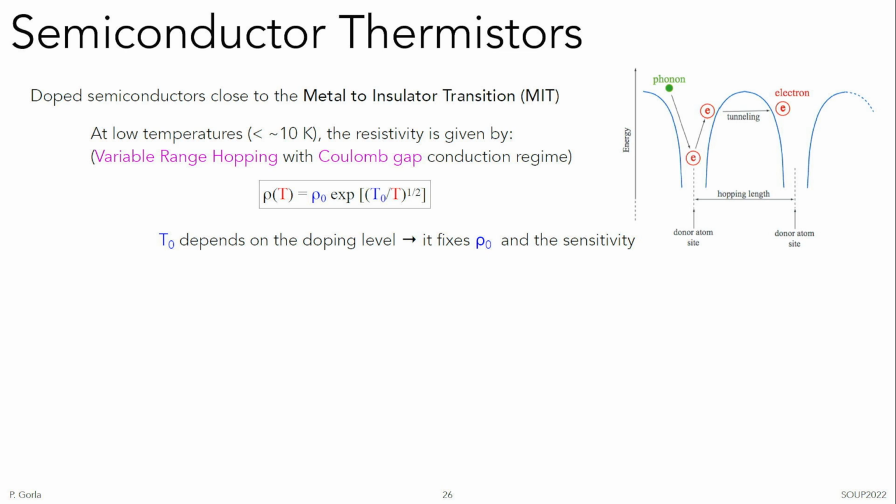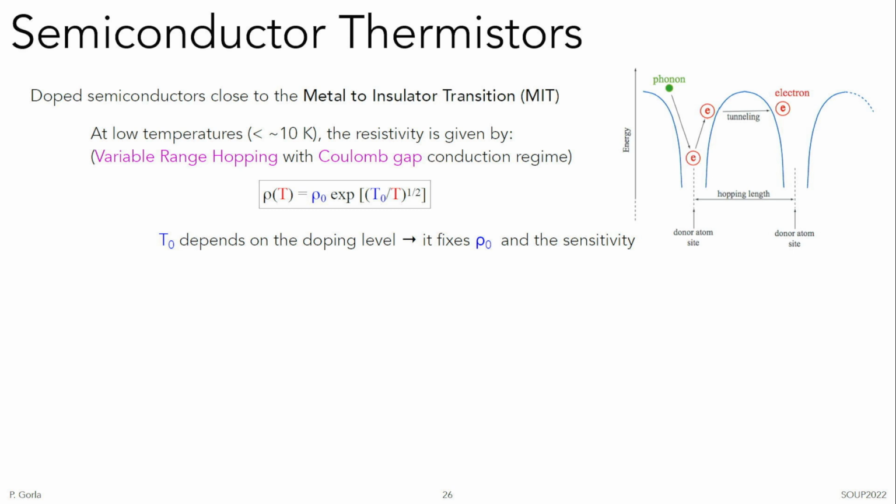At this temperature, you have a very specific conduction regime, which is called variable range hopping, which is basically a conduction regime in which your electrons do not reach the conduction band, but get very near to it and then move to a nearby site via tunneling. So in this conduction regime, you have a very steep correlation between resistivity and temperature, and through these two parameters, which basically depend on the doping level.